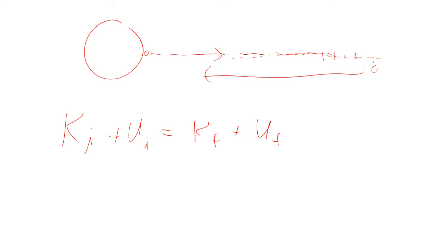So now the question is: is there an initial velocity such that it actually makes it infinitely far away and finally stops at infinity? So it takes an infinitely long time to get away, stops at infinity, and in that case the final potential energy is going to be 0. The final kinetic energy is 0, and if you're going faster than that, it never comes back.